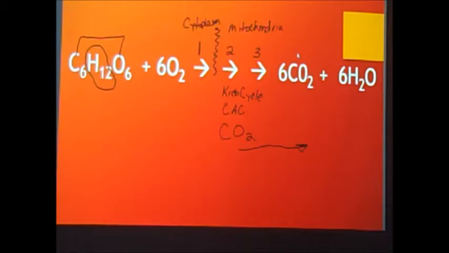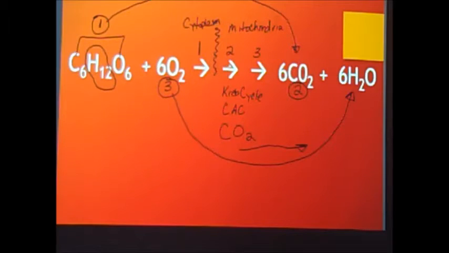So the first thing that we take in is sugar, and then our carbon dioxide leaves. That's the second thing that happens. Now our body takes in the third thing, our oxygen. And our oxygen, along with those hydrogens, makes water.